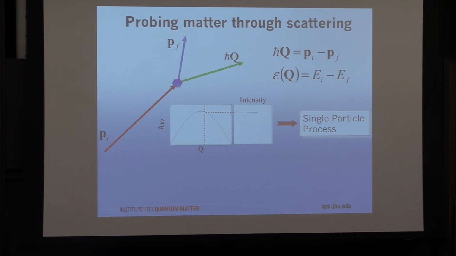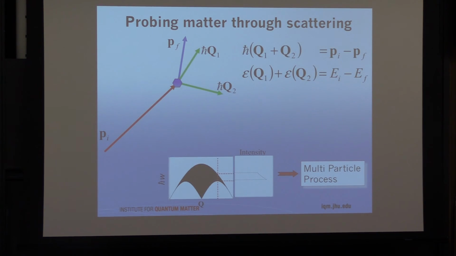That's the character of a single particle scattering process. So what I have instead is a continuum, and that indicates a multi-particle process, in particular a two-particle process. Even though I am controlling the overall momentum delivered to the system, by knowing the incident and scattered wave vector of the neutron, this is actually distributed to two quasi-particles.